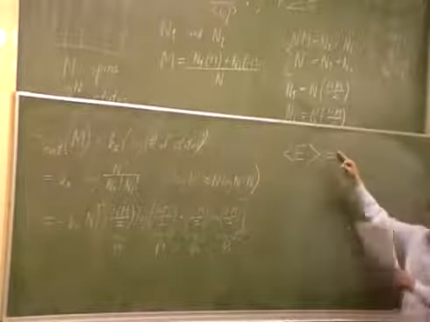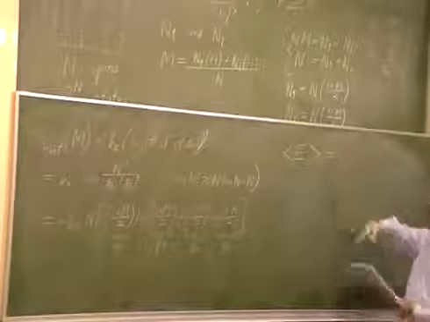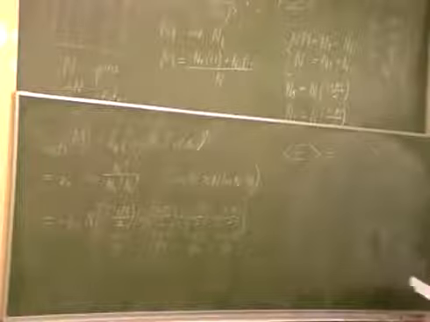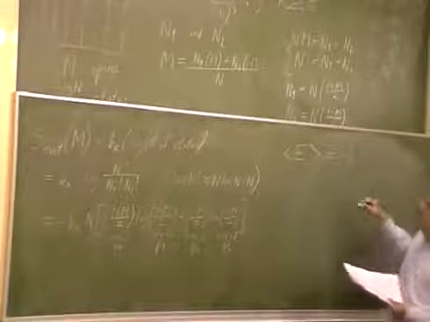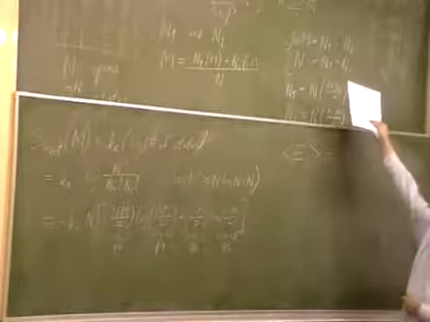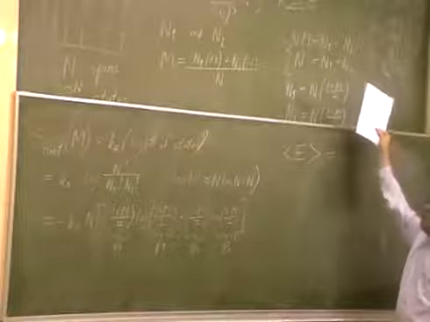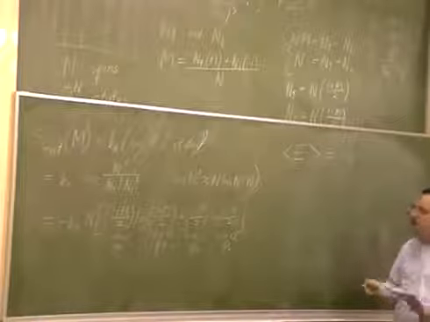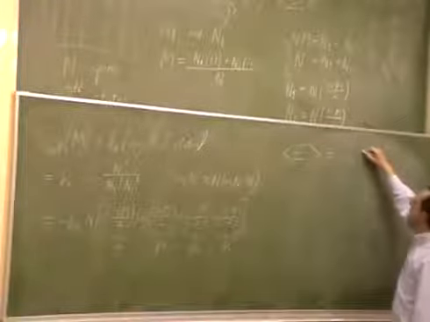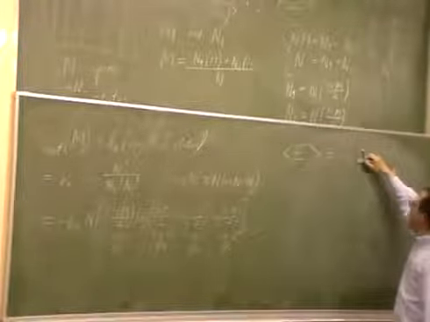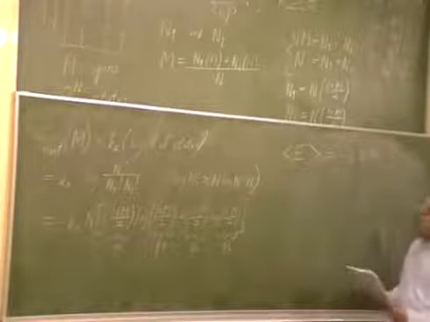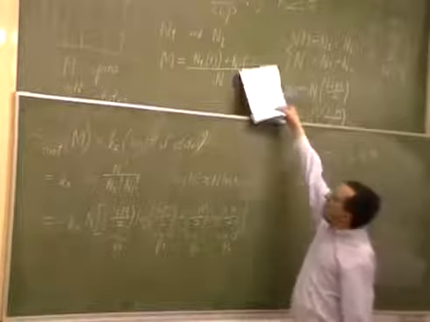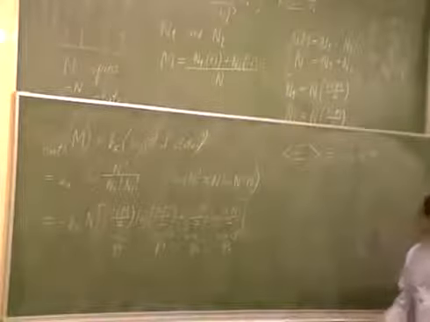Here, I'll do the second one first, because it's easy. Okay? The second one has a term of minus h times the sum of all these spins. Well, that's just equal to this number of sites times the magnetic moment, right? That's just this thing right there, okay.